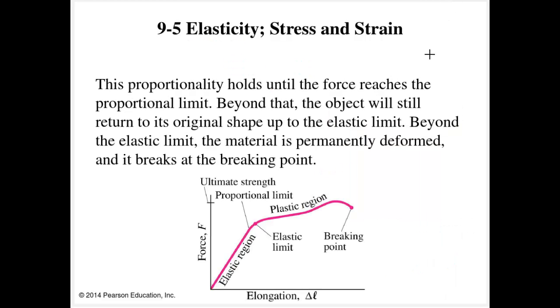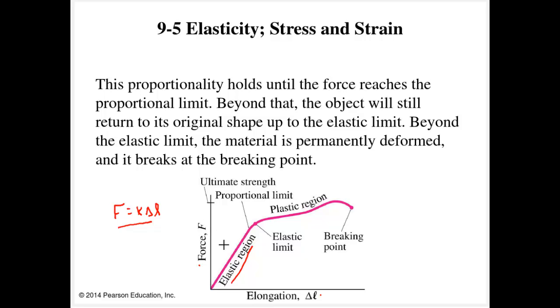It turns out that in reality this proportionality, saying that the force is equal to some k multiplied by some change in length or change in x, this linear relationship is only true up to a certain limit. So here we're plotting force against the change in length, and this elastic region here is where this equation is true.